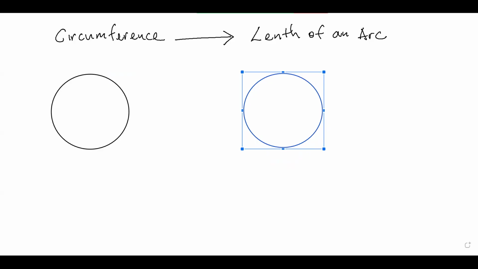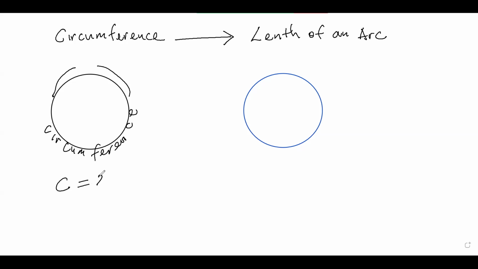Now, we did say that the distance around the circle is my circumference. So I'm just going to put circumference, because that's the distance around. Now, the formula for circumference is 2 pi r.